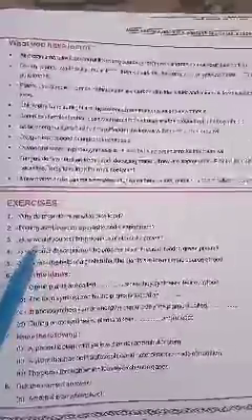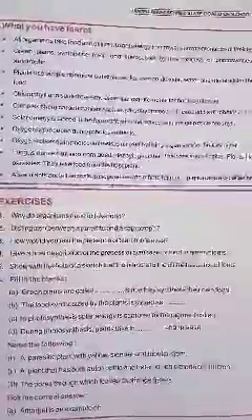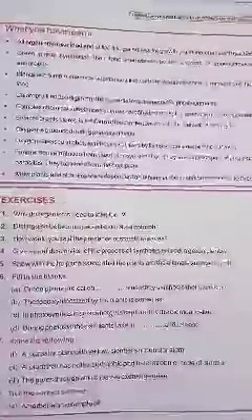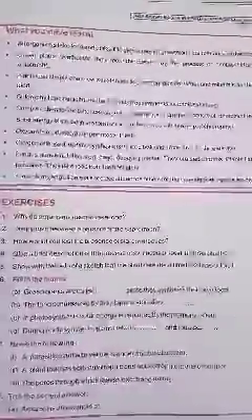Question number 3 is, how do you test the presence of starch in leaves? Dear students, first of all, we have to remove chlorophyll from the leaf by boiling it in alcohol.